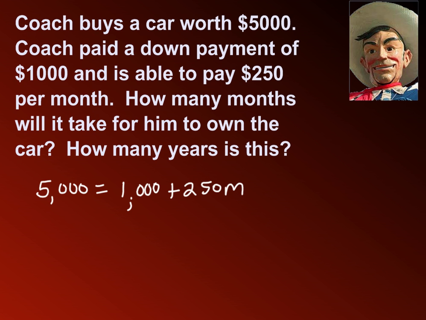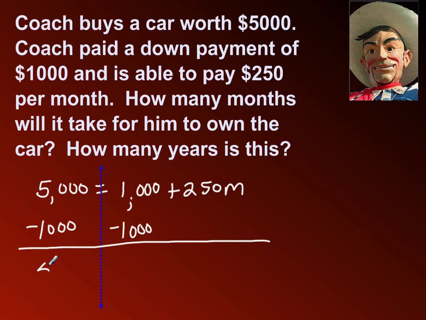So I want to solve this equation for m. M is how many months it'll take. So I get rid of this $1,000 because I actually paid, or actually I have $4,000 left to pay on the car. Then I divide by 250.